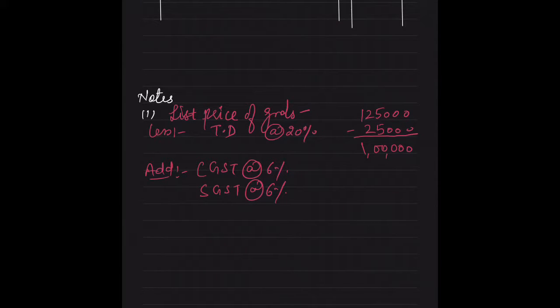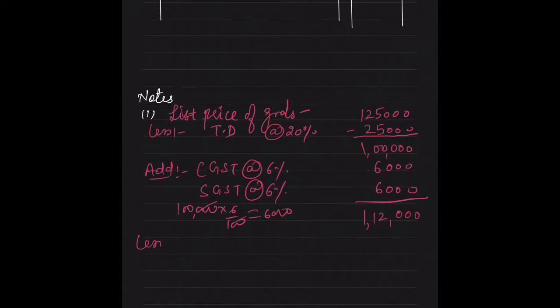Learn this procedure. First of all we deduct the trade discount from the list price. After that we add the tax, and after that we deduct the cash discount. Apply 6% on 1 lakh: 6,000. CGST is 6,000 and SGST is 6,000, so the total is 1,12,000.